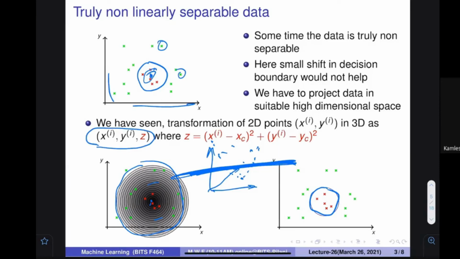Hey everybody, is it clear? In two-dimensional space, you cannot find the similarity in the right way, because the data was not linearly separable. If you transform the data into three-dimensional space, then you can find a better similarity. Yes?